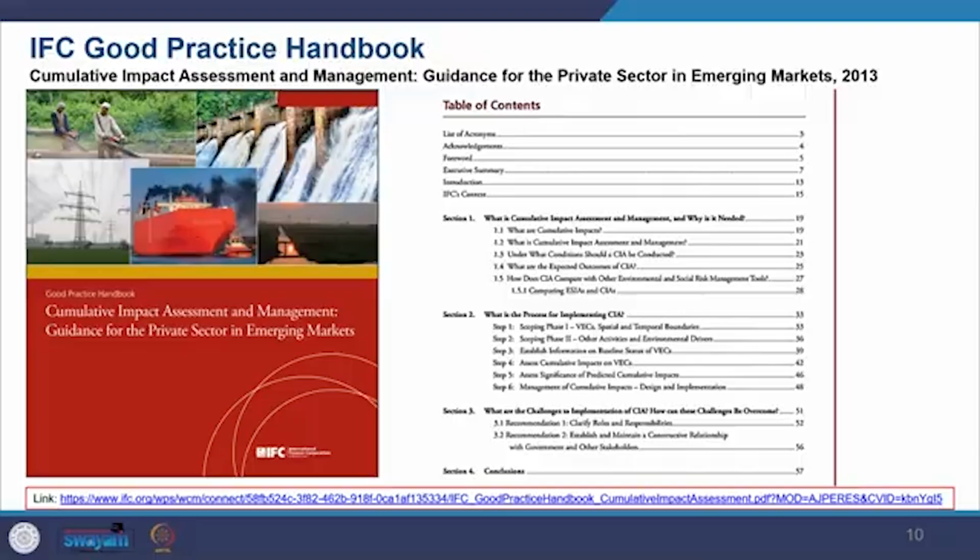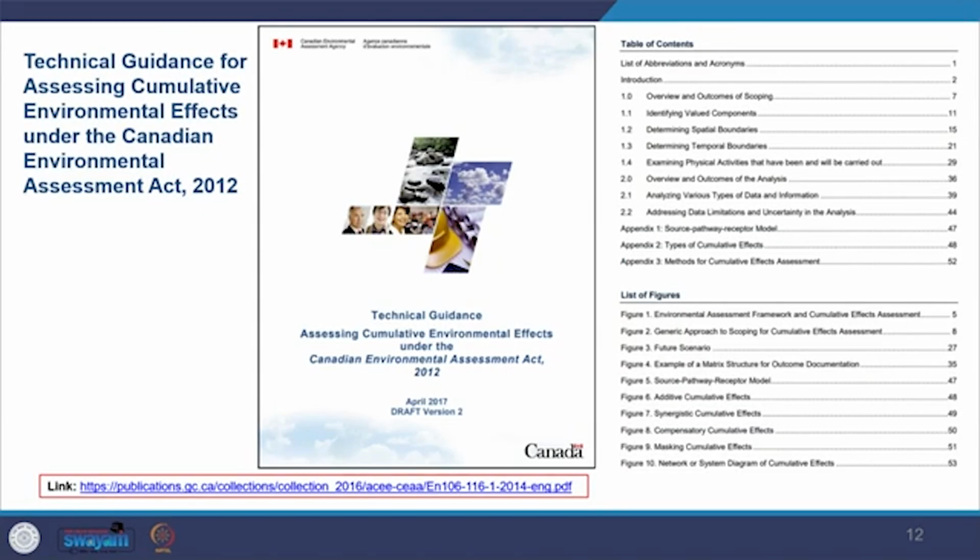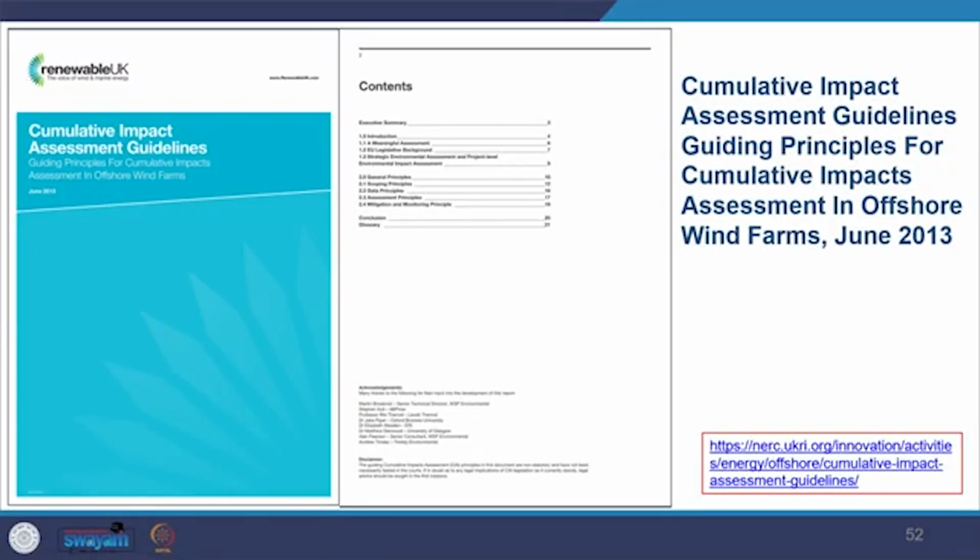Looking at the guidance and standards, there are a lot of guidance and standards which are available. So you can see IFC has given guidance. Then you can also see here the Cumulative Effects Assessment Practitioners Guide by the Government of Canada. I have also given you the link so that you can browse through this. Then you can also find sectoral guidelines.